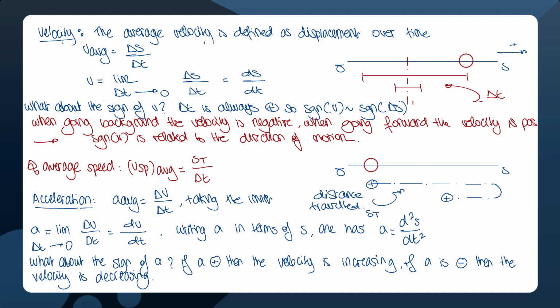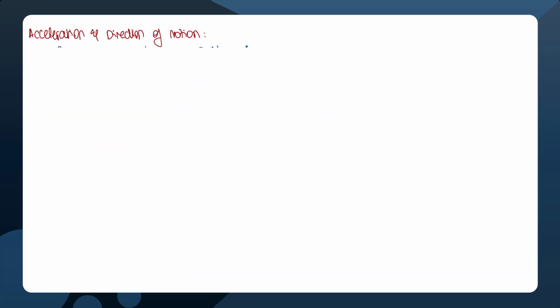Now we've previously said that the sign of v is related to the direction of motion. What about the sign of a? How is it related to the direction of motion? So we want to see how acceleration and the direction of motion are related. Let us look at 3 different phases in a specific problem. Let's assume an object, which is here highlighted in red, moves in phase 1 with an acceleration of 2 meters per second squared, an initial velocity of 0, for 3 seconds.